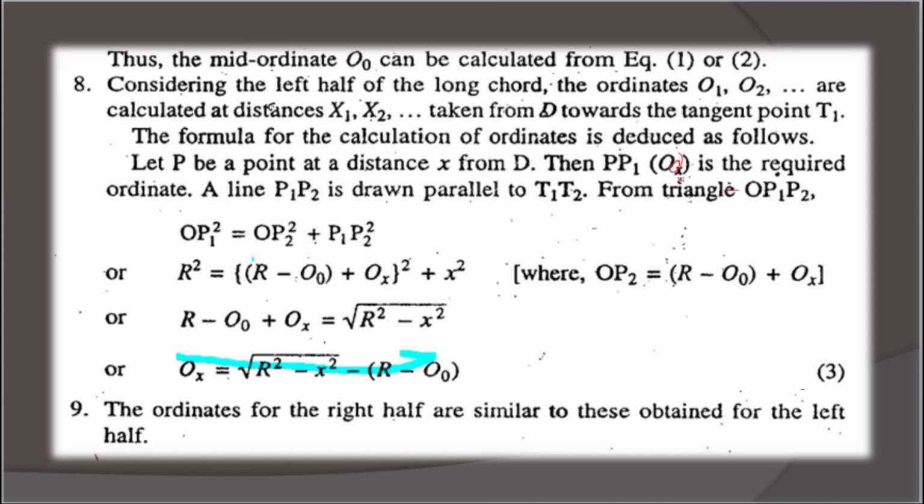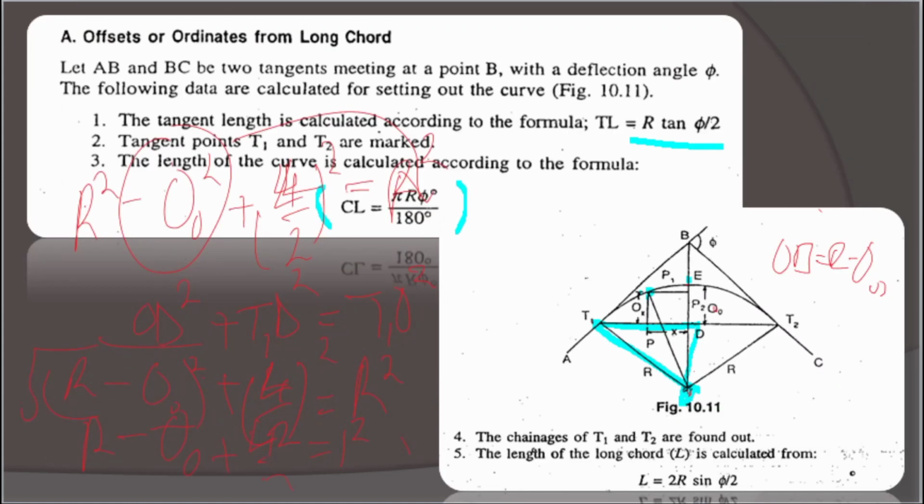So this is the ordinate of x, or offset of x. Then the line P1, P2 is drawn parallel to that. Then from there we have a triangle O, P1 and P2. This is again another triangle here.